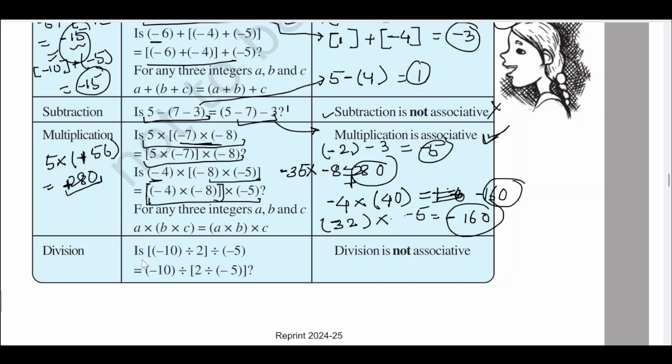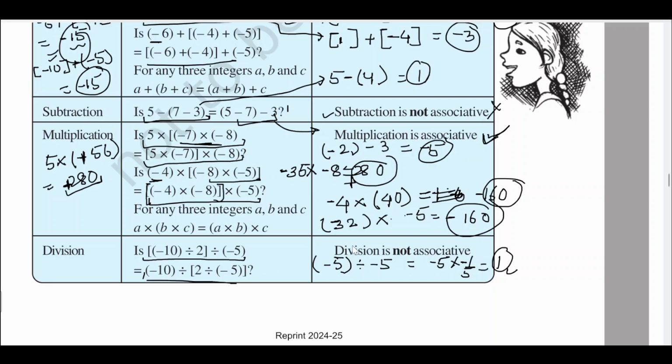Now again we will check next for division. Okay, so first we will operate this bigger bracket, that is minus 10 divided by 2. We will get minus 5 divided by minus 5. Okay, that will be minus 5 into minus 1 by 5. So result will be 1. Minus minus will cut out. Now RHS side, what will we get?